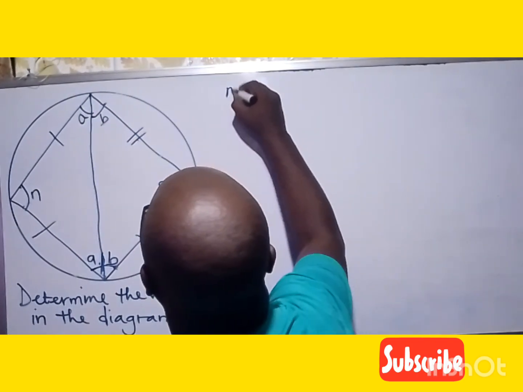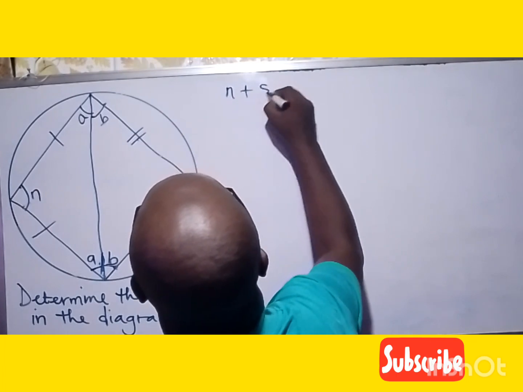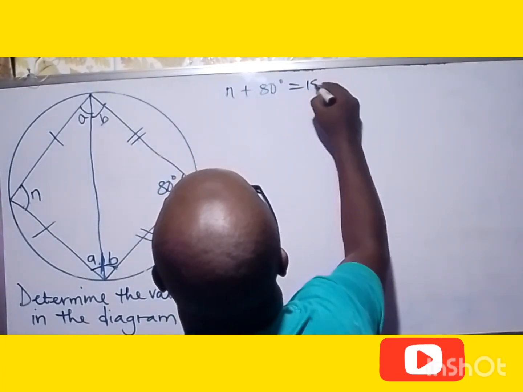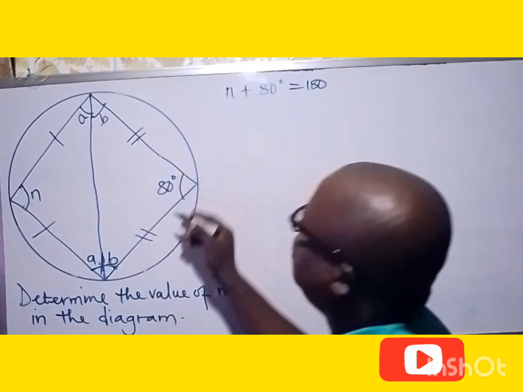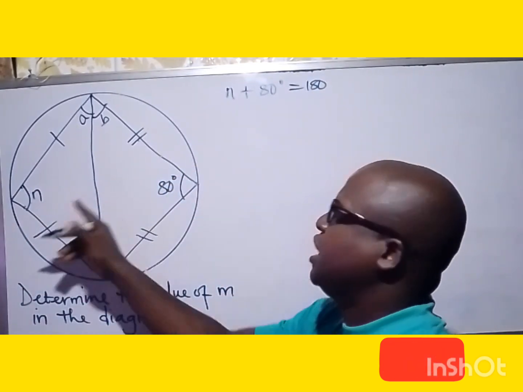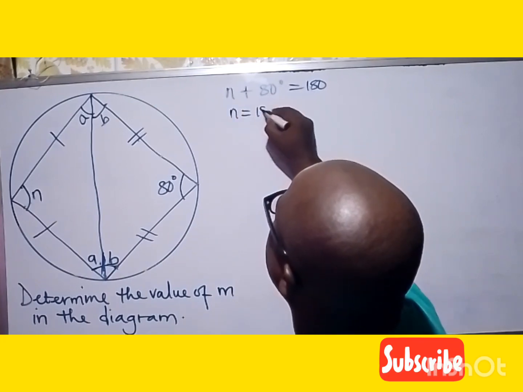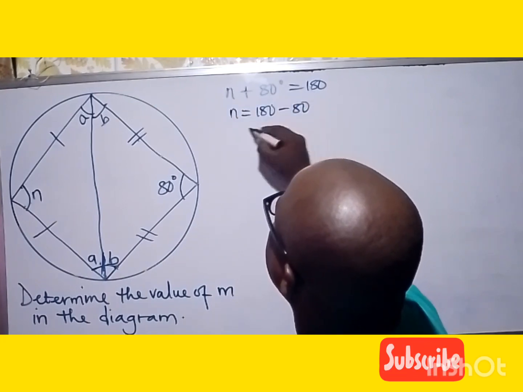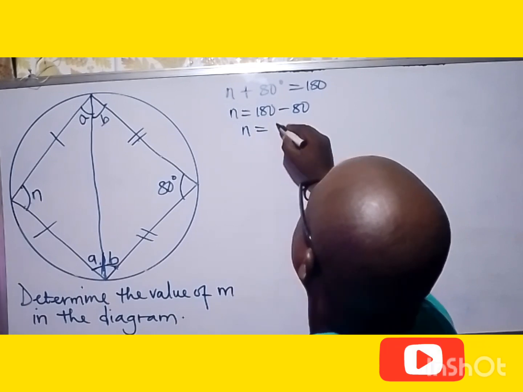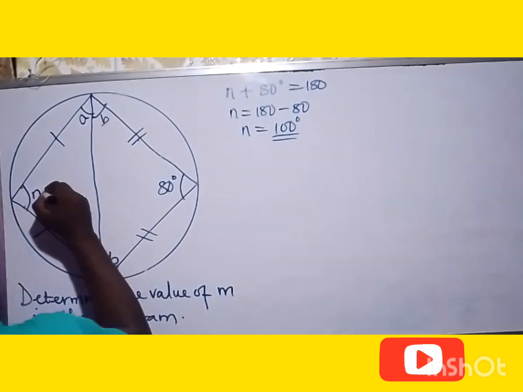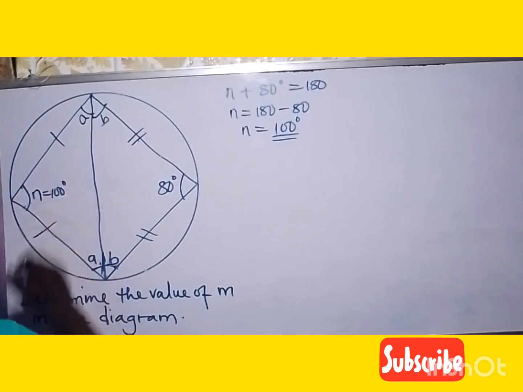So we have n plus 80 equal to 180 degrees. That is, the sum of the opposite angles of a cyclic quadrilateral is equal to 180 degrees. So my n will be 180 minus 80, so my n will be 100 degrees. I have this one here to be 100 degrees.